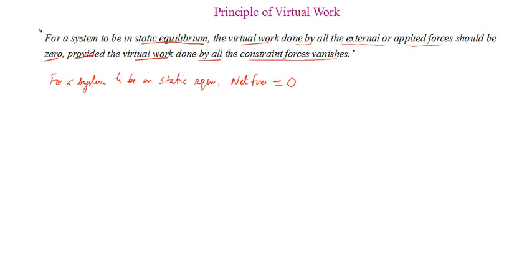Now the virtual work done on such a system due to any arbitrary virtual displacement, what will be the value? We have first of all made sure that the system is already in static equilibrium, since the net force acting on the system is 0. So to this system which is already in static equilibrium, let's assume some arbitrary virtual displacement is given, to a system which is already in static equilibrium due to the vanishing of the net force on it.